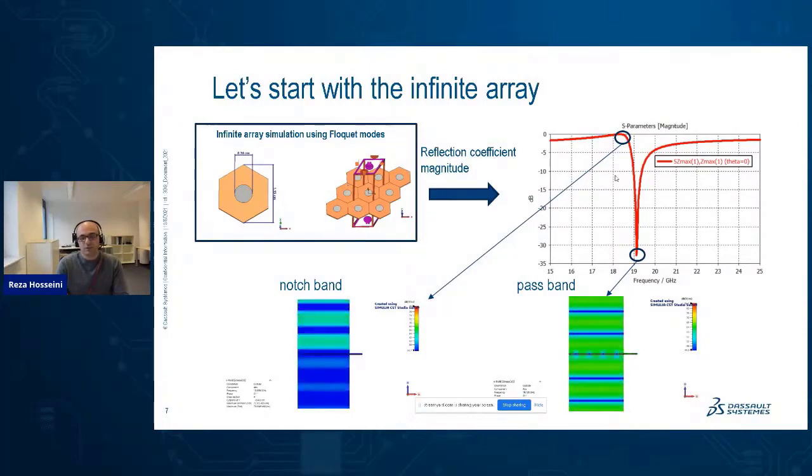The structure is transparent at that frequency. This is what we see in the field animation here. The frequencies outside that range, which I call the notch band, are frequencies at which the field cannot get through the structure, so the structure is basically blocking the field.